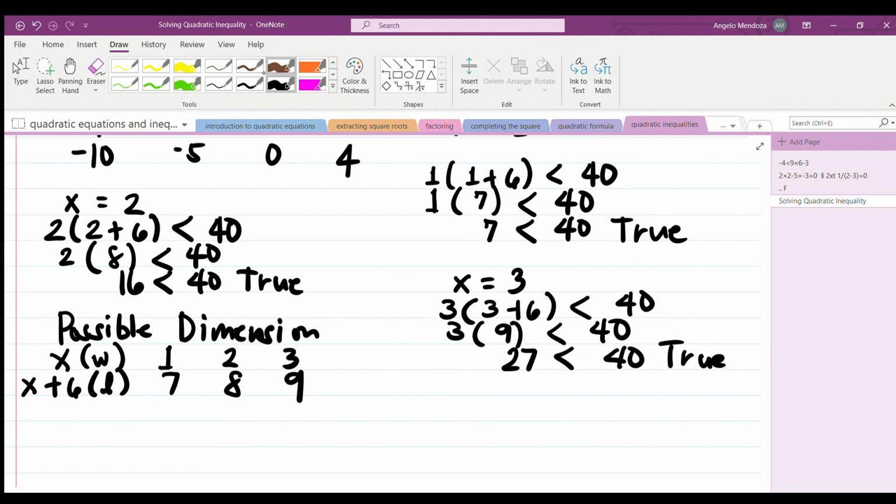So these are the possible dimensions that we are looking for: 1, 2, 3, and 7, 8, 9. And they are all less than 40 square meters.